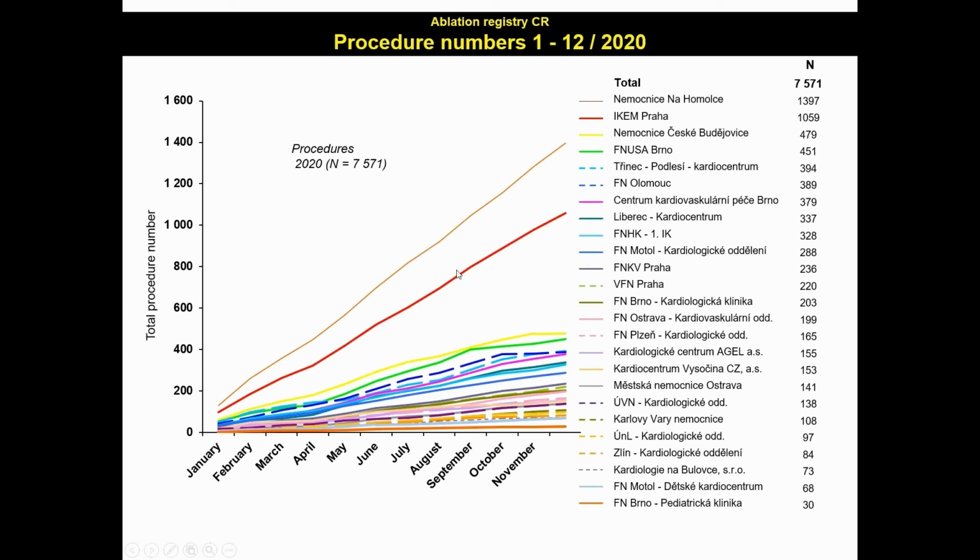The registry is online, so we can see increasing numbers in Homolka and in IKEM, and at the end of the year the curves go a little bit flat, maybe because of some budget restrictions.